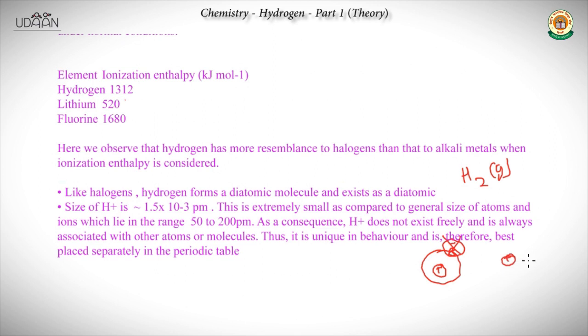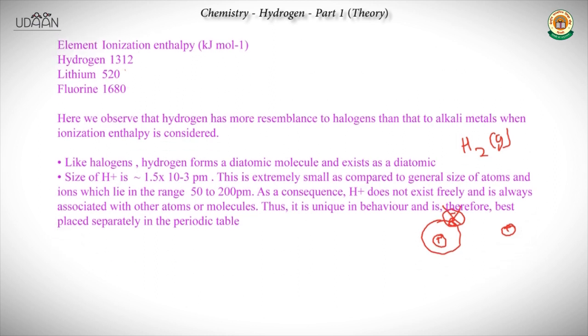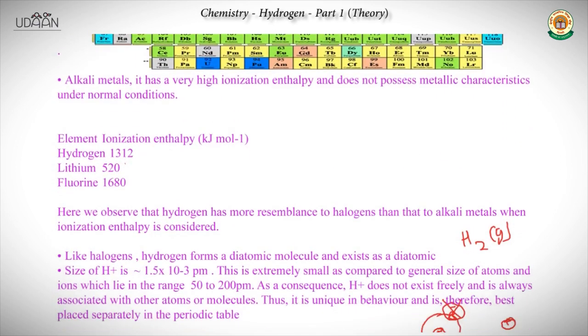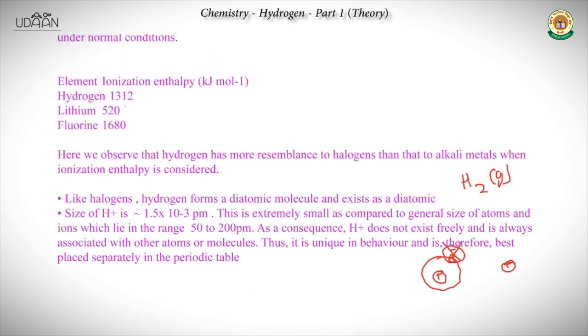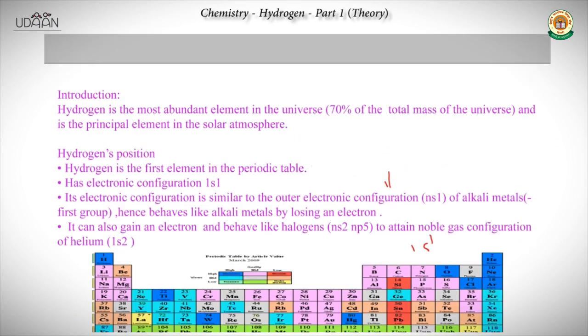So just the nucleus is left. That's why the size is exceptionally small, and so we can say that it is unique in behavior. That is why it is best placed separately in the periodic table, because it is not analogous to most elements.